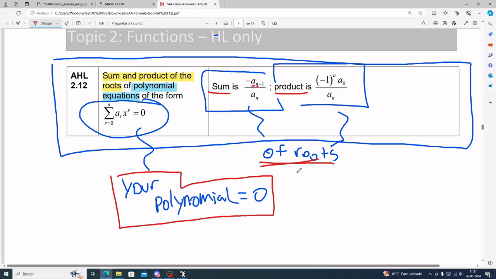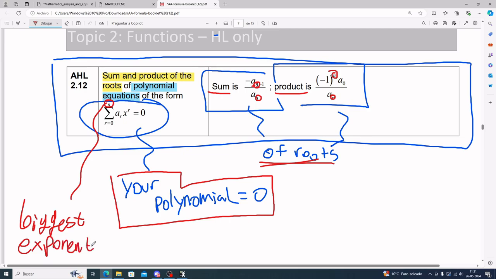Now, piece by piece, what is n, what is r, what is happening? This n, which is the same as that n over there, and all these other n's, is your biggest exponent. And the a, which appears here and also there, notice that the a right here is next to an x. So the a is the constant. Now this is getting interesting, right?